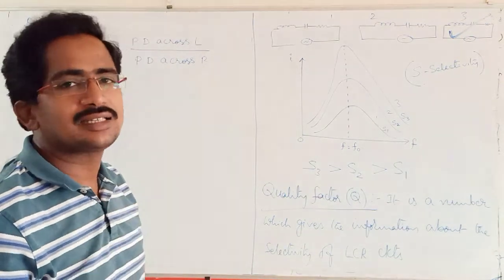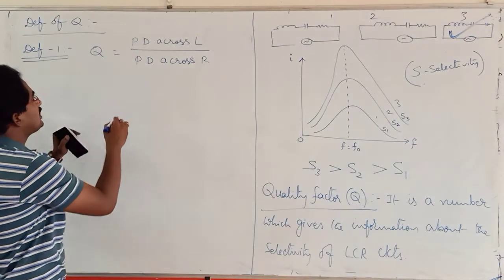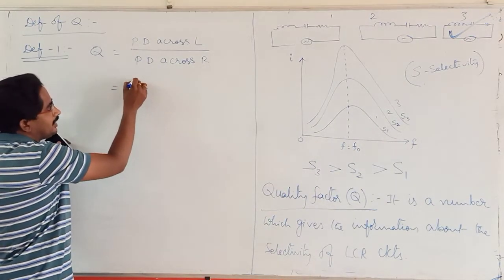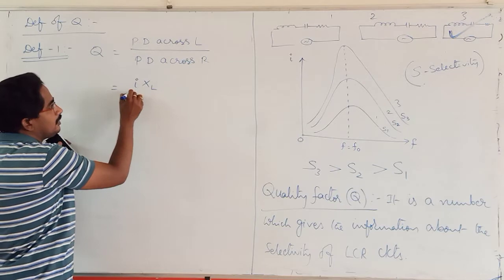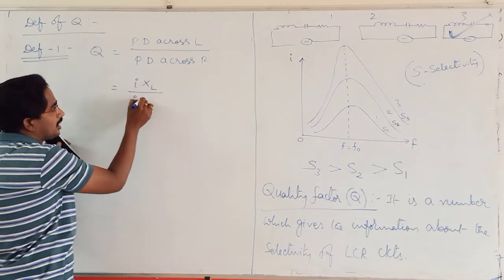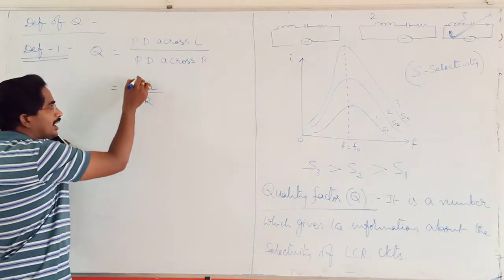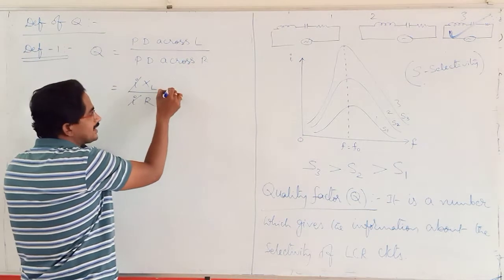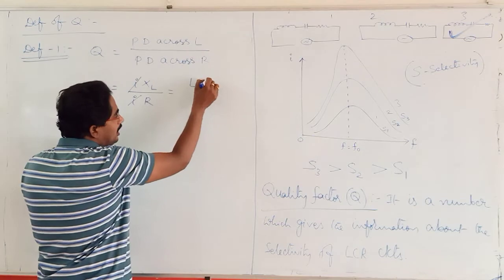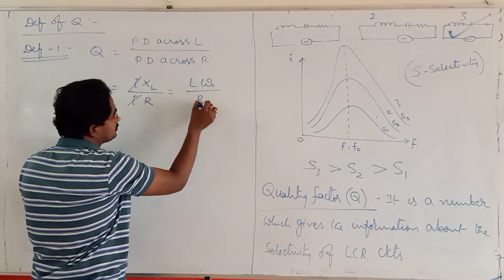So, what is the potential difference across the inductor? I XL divided by I R. The I value will be maximum at that moment. Anyhow, I cancels. What is XL? L omega naught divided by R.